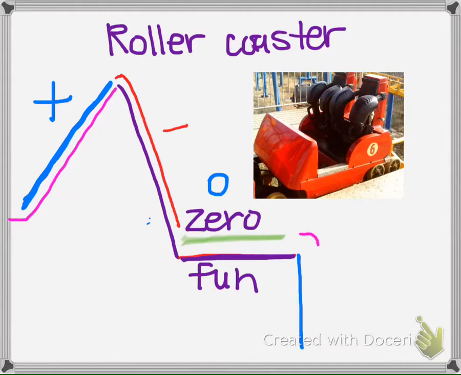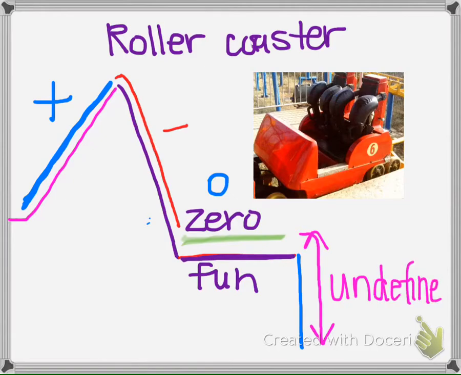And then we get here and we're like, undefined. So the slope of a vertical line here is undefined. So you can use that to help you when you look at a line, identify whether the slope is positive, negative, zero, or undefined.